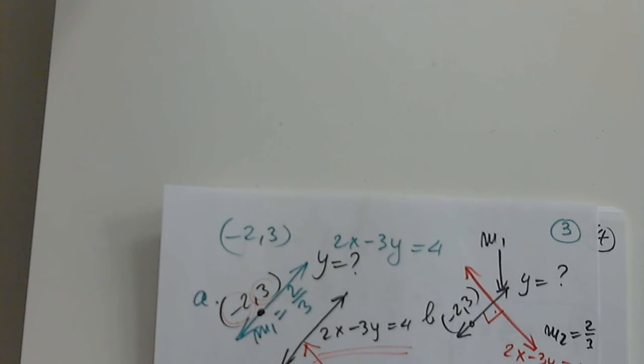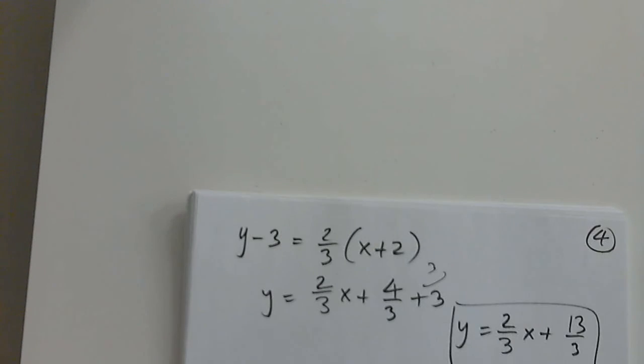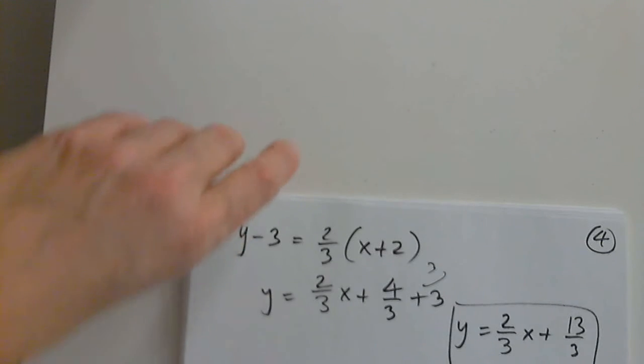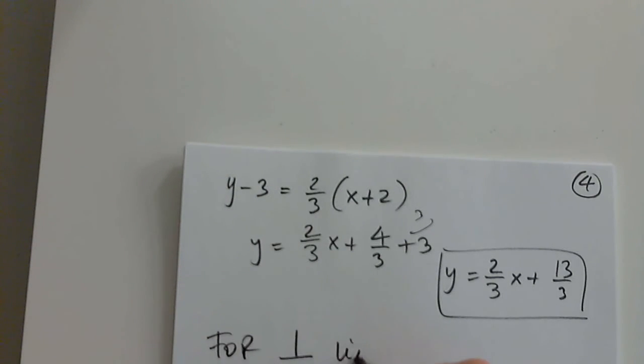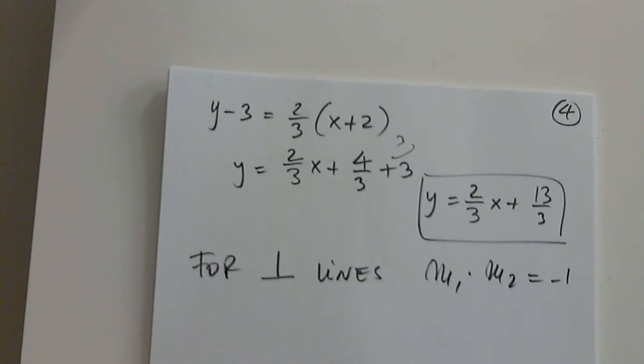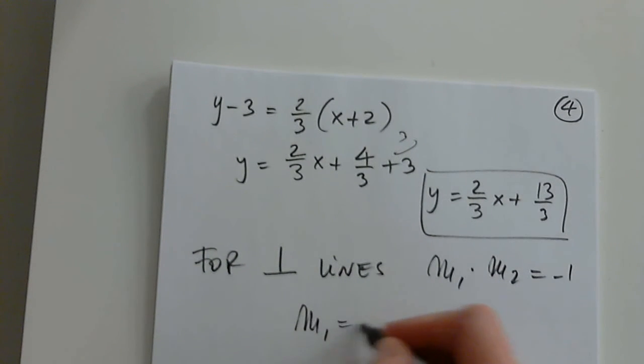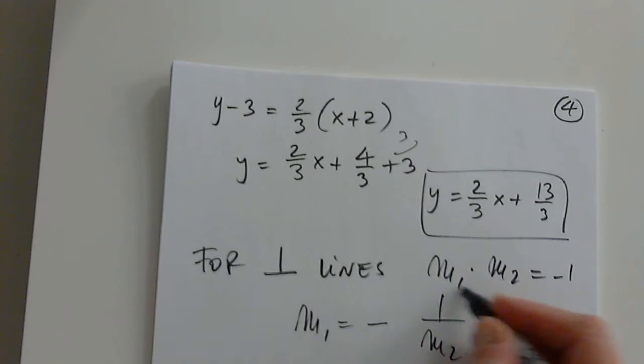Okay. So let's write this down. For perpendicular lines, m1 times m2 equals -1. I know you remember it differently, but it's the same thing. You know it as m1 equals -1 over m2.